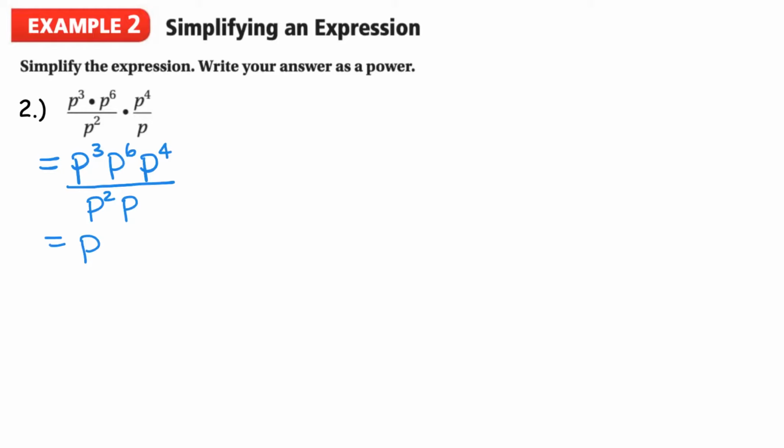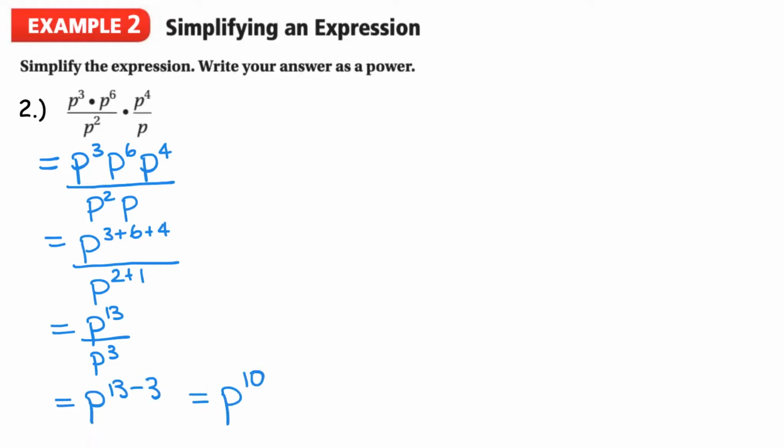So we've got p to the power of 3 plus 6 plus 4 divided by p to the power of 2 plus 1. And then if we evaluate that part of the exponent, we just add those numbers, we get p to the power of 13 over p to the power of 3, which gives us p to the power of 13 take away 3, which is p to the power of 10.